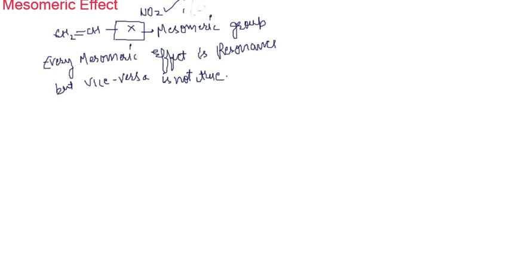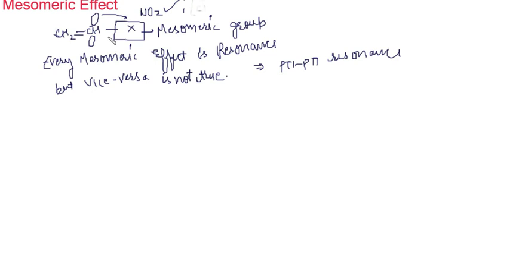So p-pi resonance is known as the mesomeric effect. Whenever we have p-pi resonance, it is known as the mesomeric effect. There can be a lot of conjugated structures, but when we consider p-pi resonance, it is a p orbital with a p orbital.